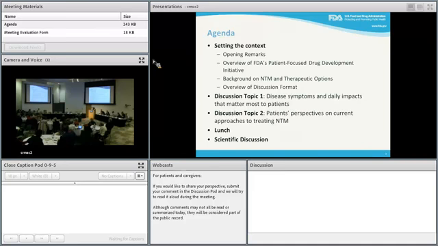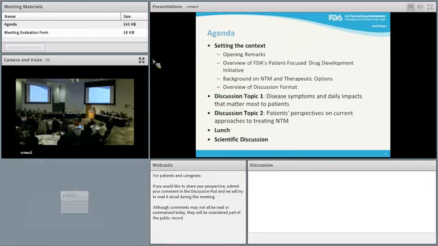Hala Shamsuddin, Medical Officer, Division of Anti-Infective Products. Selena Daniels, Reviewer with Clinical Outcome Assessment Staff here at CDER. Jonathan Goldsmith. I'm the Associate Director of the Rare Diseases Program in the Office of New Drugs, CDER. Jim Bonna, the Office of Orphan Products Development.